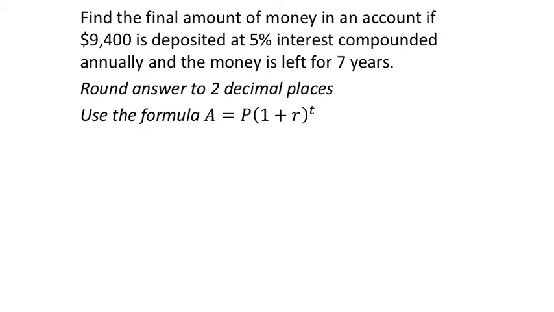All right. So let's identify the values that we have, right? We got this $9,400. That's how much is deposited. That's the starting value. This is a starting amount. I'll write that in. And we know from that last slide, when we see some kind of starting amount, that's also known as principal.